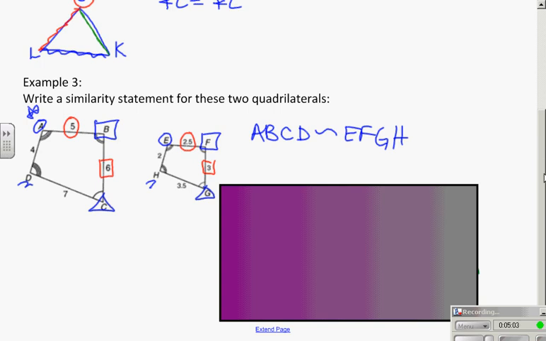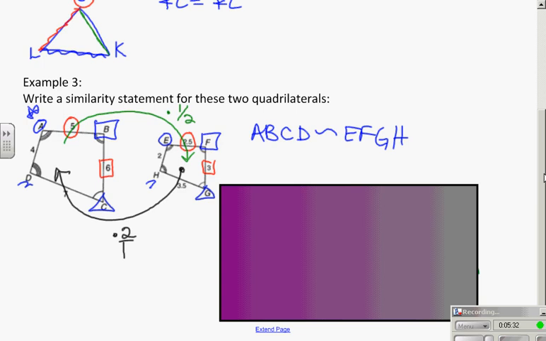Now, speaking of scale factor, if I move from this figure, ABCD, to EFGH, I'm actually going to make it smaller. So I'm going to multiply by 1/2. That would be my scale factor. But if, on the other hand, I started with the little guy and went to the big guy, I would be multiplying by 2.